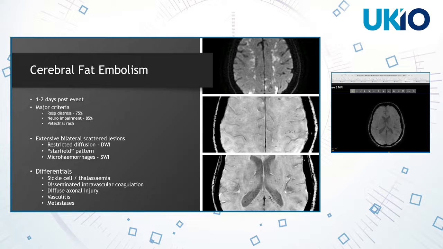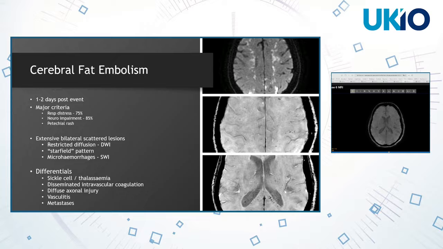But DIC might give you a similar appearance on the susceptibility-weighted imaging, multiple microhemorrhages scattered throughout the brain. Of course, you should have some history and hematology to go with that. Diffuse axonal injury can affect similar areas. There tend to be more changes on the SWI than on the DWI.